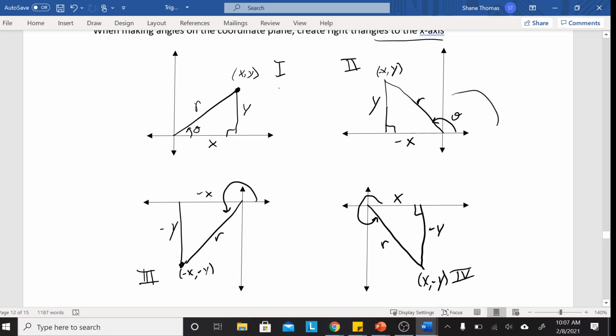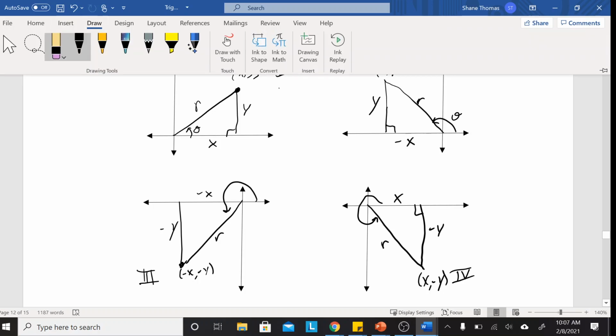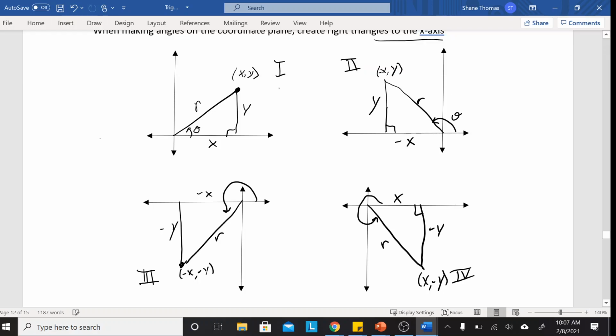Now, do you need to memorize this? No. But you just need to remember that x is your horizontal side, y is your vertical side, r is always your hypotenuse. And your point would be this extreme spot away from your vertex.